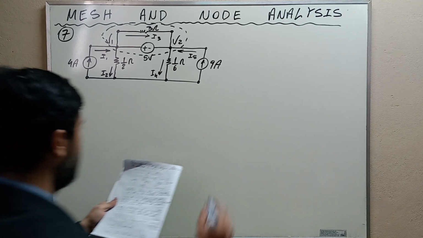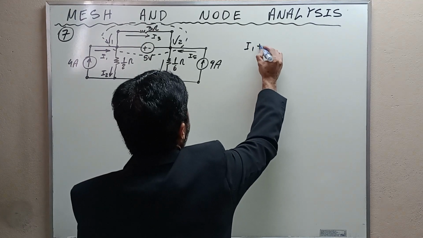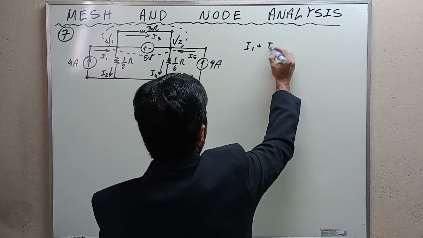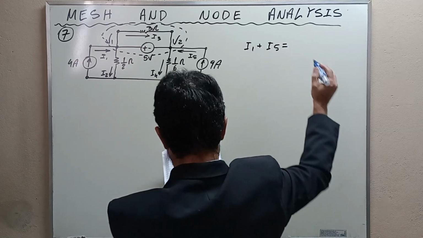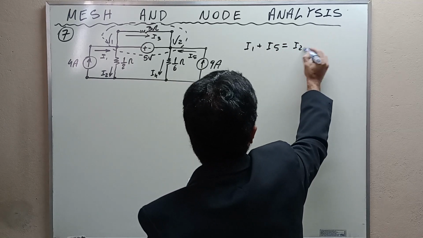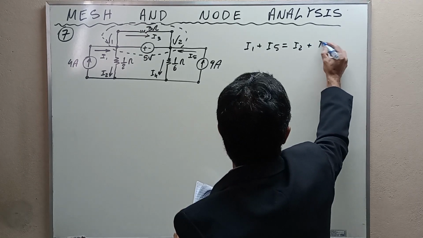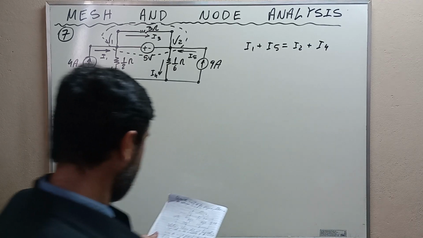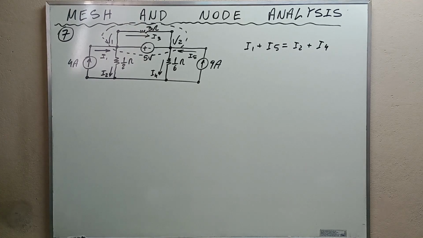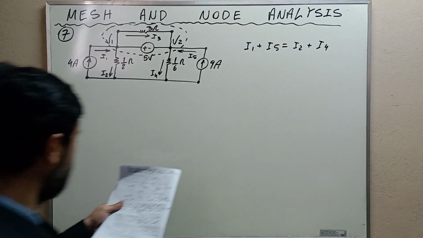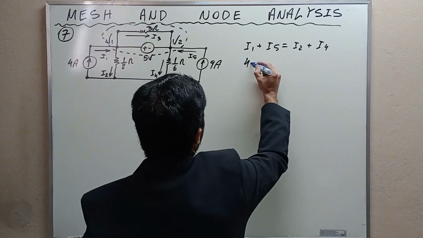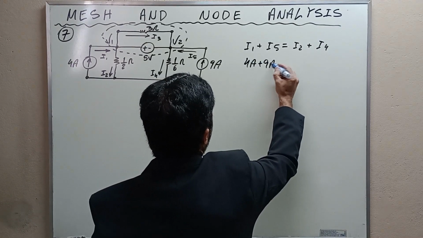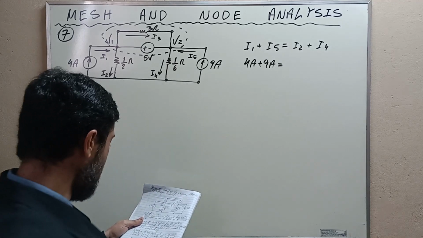So I1 plus I5 is equal to I2 plus I4, okay? I1 is 4 amps and I5 is 9 amps. 4 amps plus 9 amps is equal to I2 plus I4.